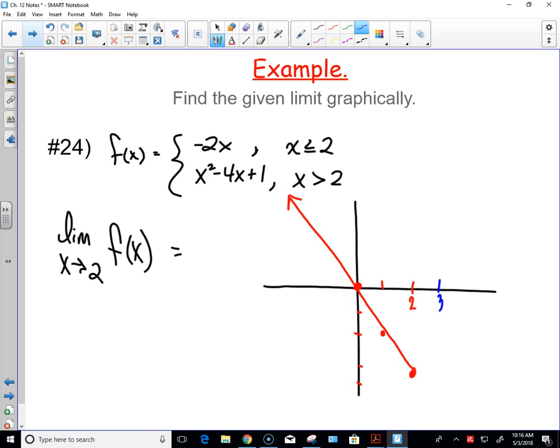Should we do 2 though? Oh, thank you. That'd be up. I was putting it at 4 for some silly reason. If I plug in 4, 16 minus 16 is 0. 0 plus 1 is 1.